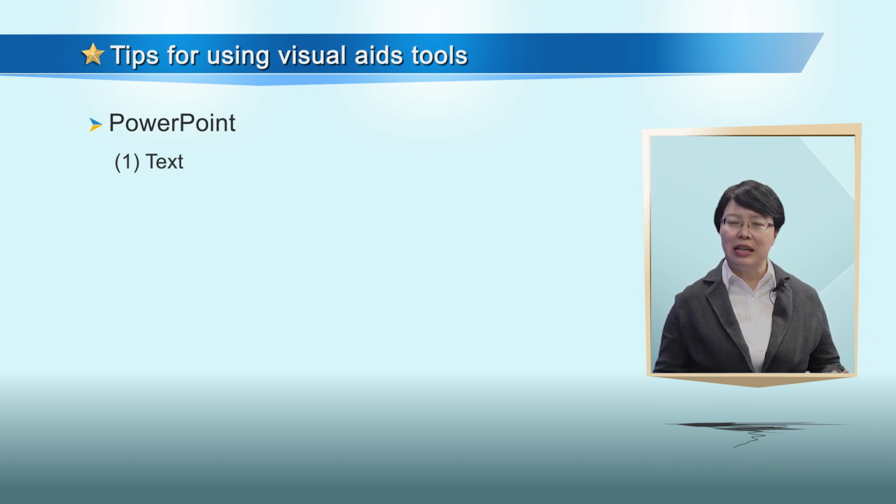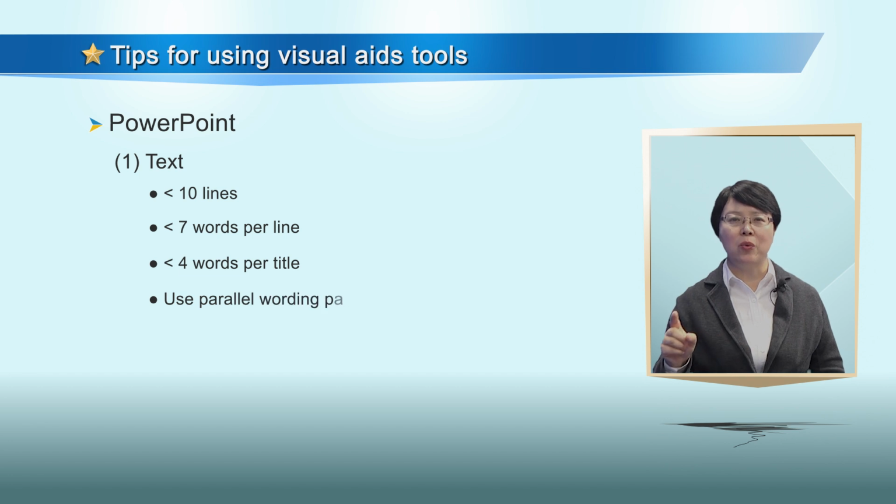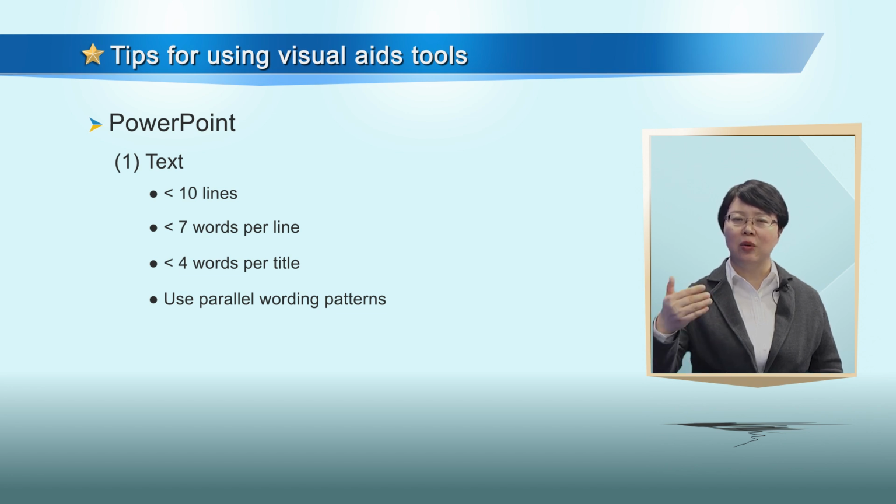Remember, maximally, no more than 10 lines per slide, no more than 7 words per line, no more than 4 words per title, and use parallel wording patterns. It's easy for your audience to quickly figure out the logical relationships and the order of different contents.